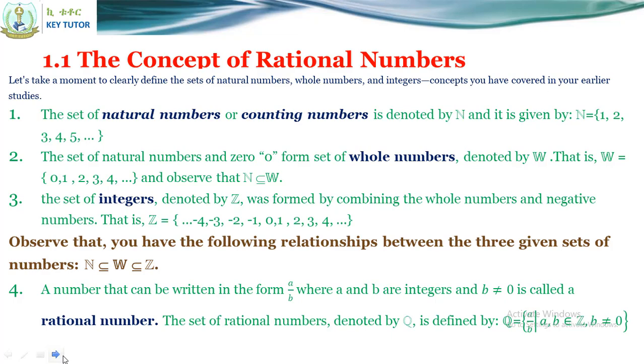The set of rational numbers denoted by Q, and it is defined by Q equals the set of rational numbers in the form of a over b, where a and b themselves are elements of integers and b is different from 0. This is very important. It is of the form a over b, where a and b are integers and b is different from 0.